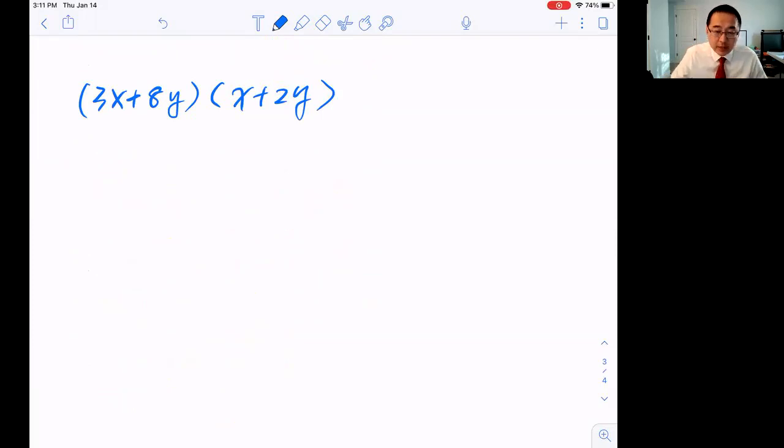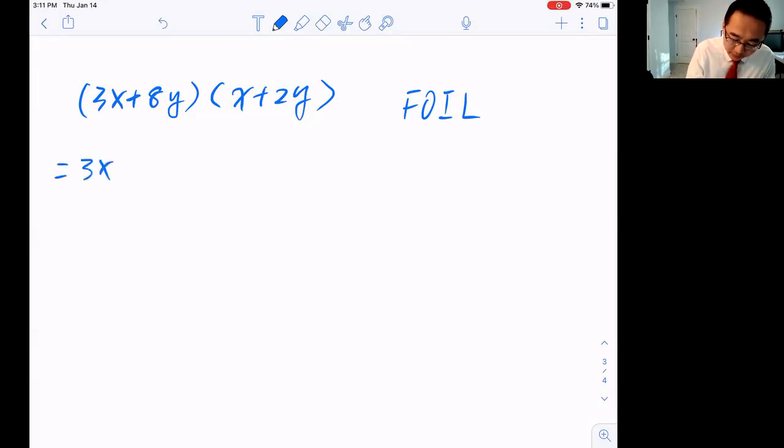Okay, I had to look it up today, because when I learned this, I never heard of anything called FOIL because it was in China, right? So FOIL means first you multiply the first numbers, then the outside numbers, then the inside numbers, then the last numbers, right? So the first is 3x times x.